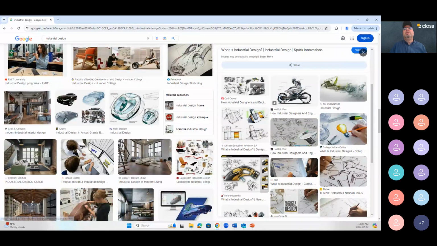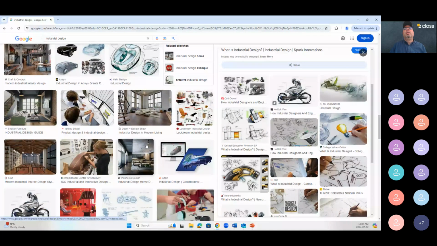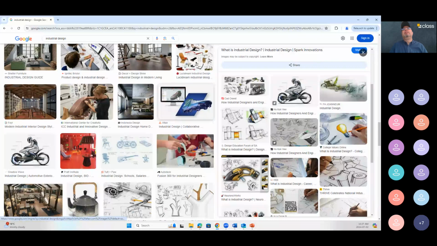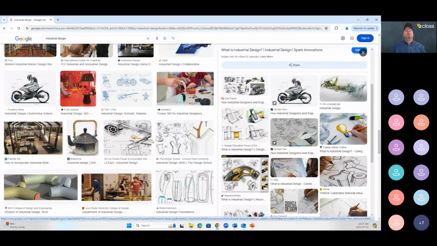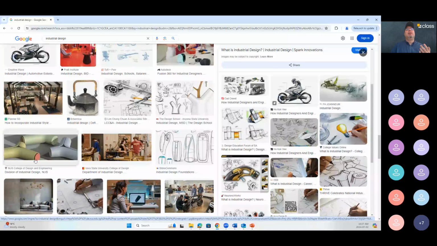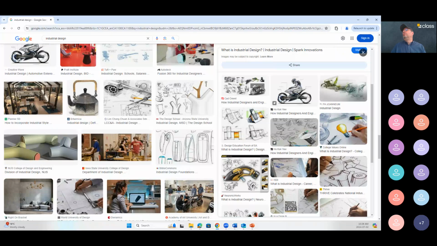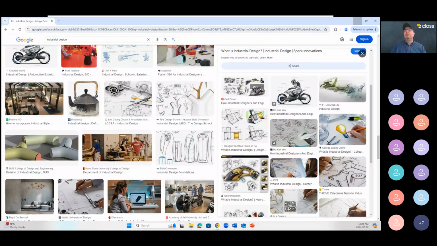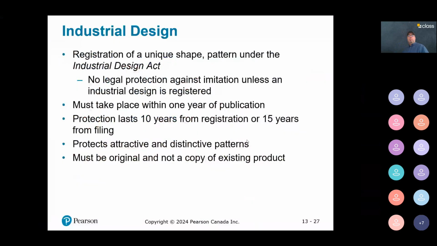I don't know what this is. Could be specific tennis shoes. This kiddo could be. So it's about the design itself: the distinctiveness, the pattern. It's not how good it is or something like that.